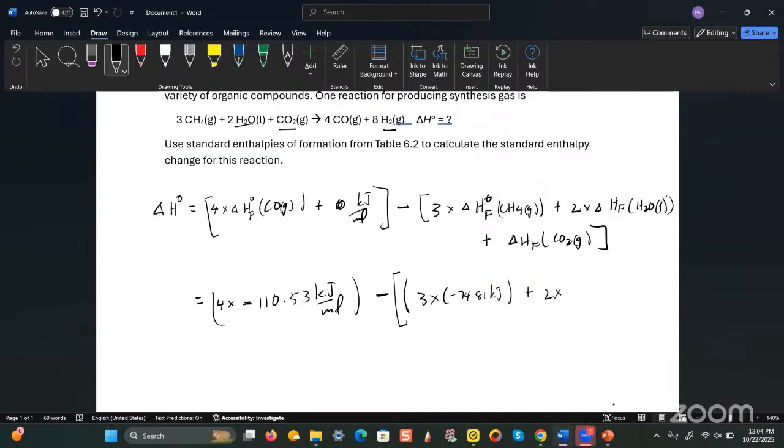And then 2 times the enthalpy of formation of H2O liquid. Again, pay attention to the state, because I believe that they have values for gas and solid as well. So H2O liquid, 2 times that value gives you what? What the value is, I'm sorry. Delta H standard negative 241.82. Are you sure that's liquid?